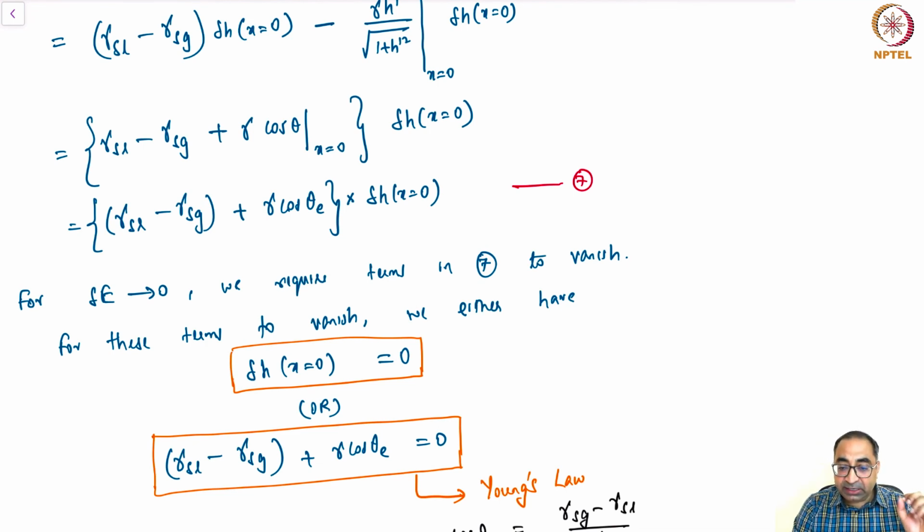Either the contact line position is specified or the angle is specified at x equal to 0. I can't simultaneously specify both. That would be an overdetermined system, because there is no guarantee that I will satisfy both of them simultaneously. So with this, we conclude the discussion on the shape of a static meniscus.